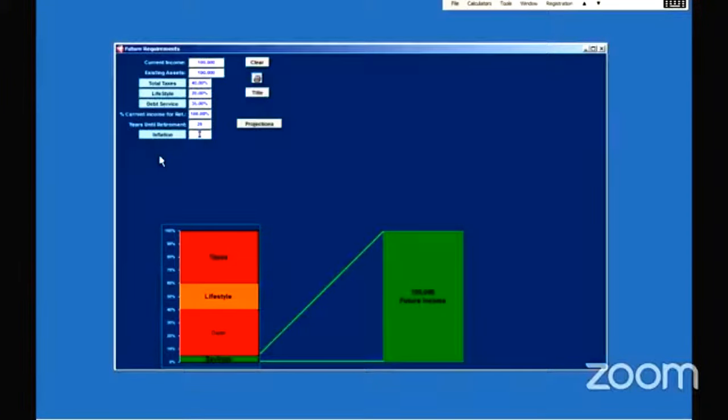Now, you would think that that is a real number, and I would argue that it is not a real number. Because when you take a look at the CPI rates, the Consumer Price Index rates in the United States, yes, they will tell you that inflation is 3%, but there are three major factors that they don't put into those calculations as they determine the rates for inflation in this country.